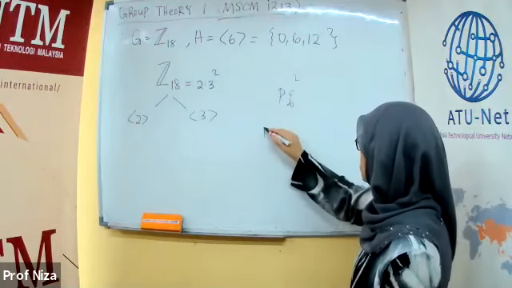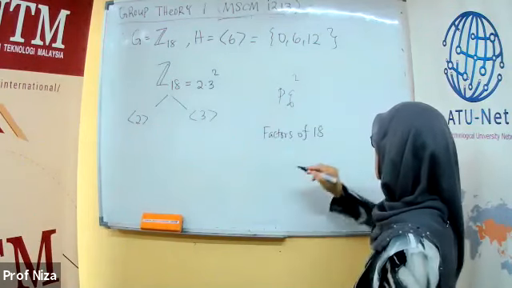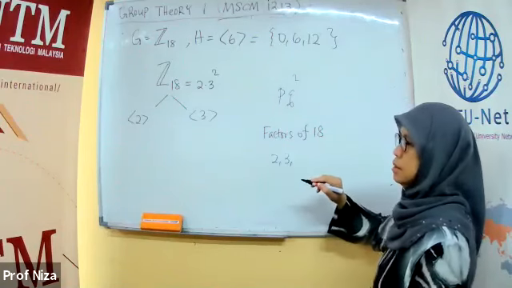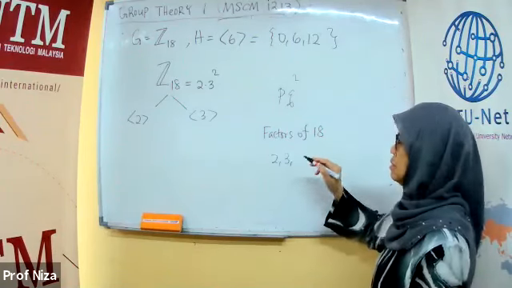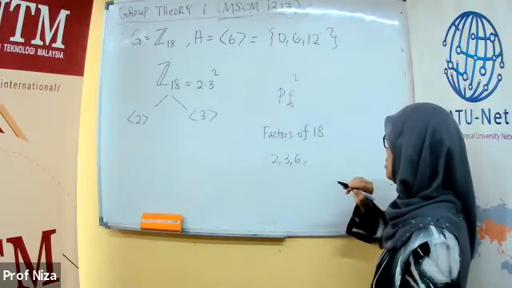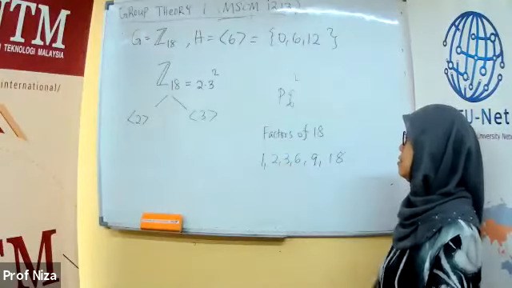So 18, 2, 3, 6, 9, 18, 1, right? That's it.